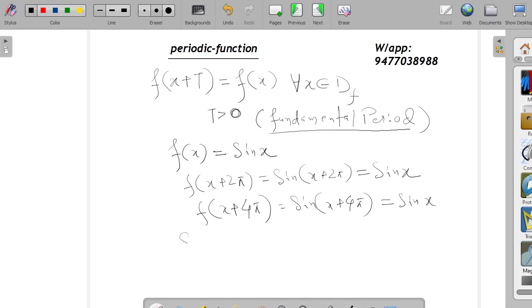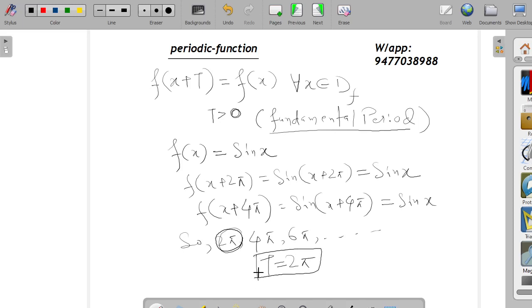So 2 pi, 4 pi, 6 pi, these are all periods of the given function, but the fundamental period is 2 pi. So t equals 2 pi is the fundamental period of sin x.